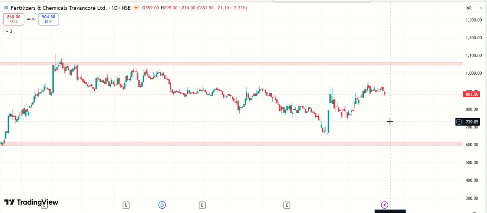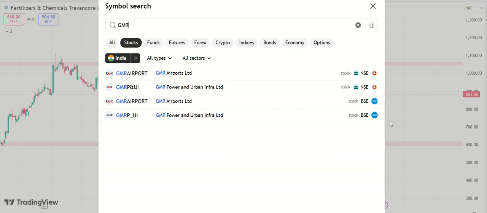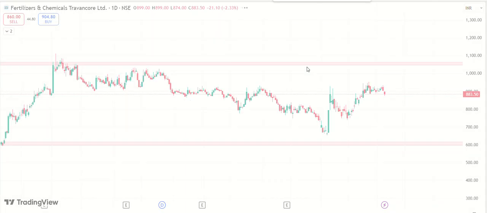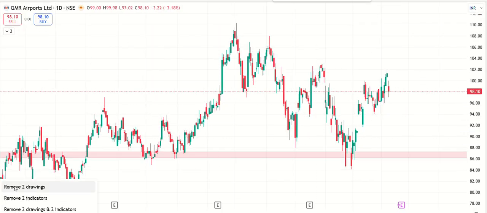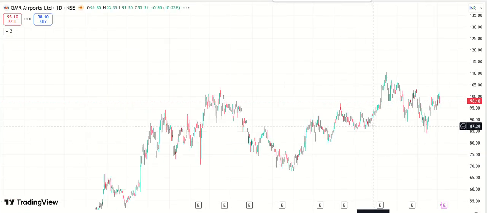We are only focusing on resistance and support because it gives more probability, in my experience. So we are leaving the FACT stock and going to GMR Airports. Remove the previous trade.